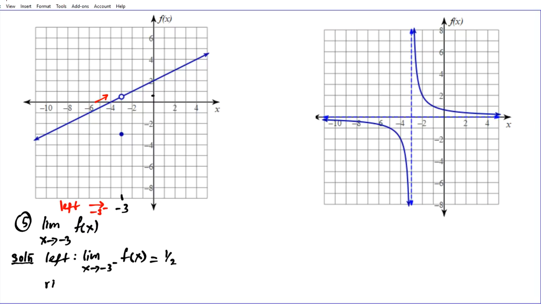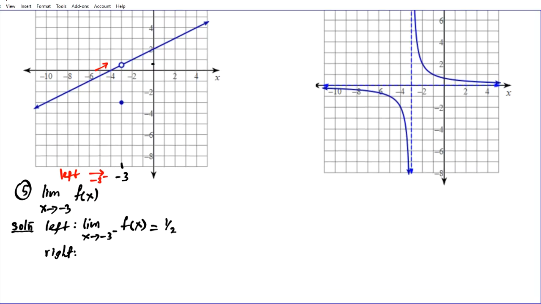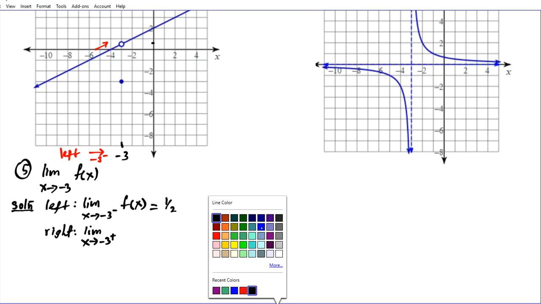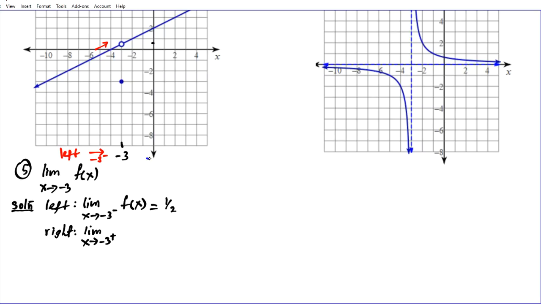The right-hand limit is the limit as x approaches -3 from the right. Well, in that direction, we're approaching -3 from the right. On the graph, guess what? We're approaching the same point, which is an undefined point right here.